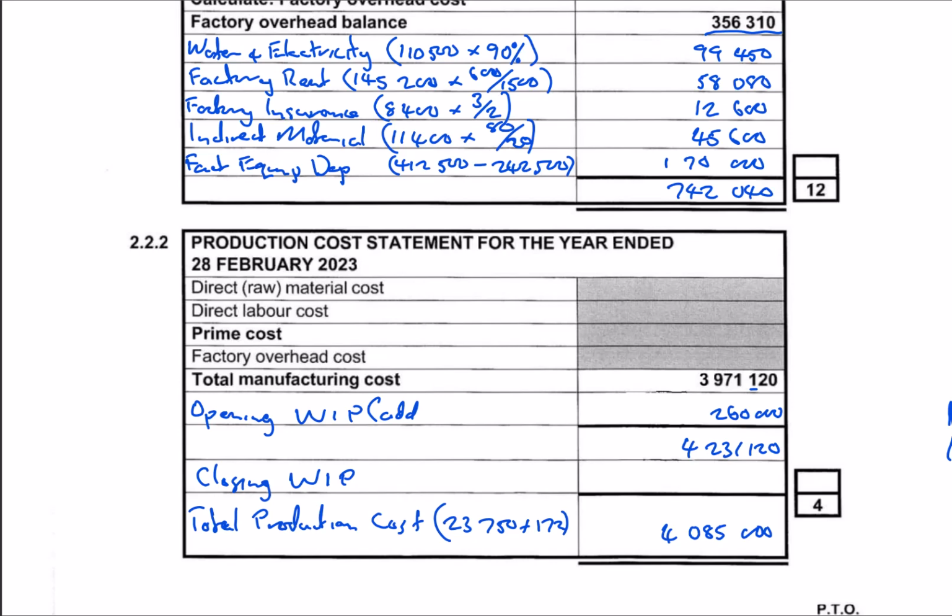Right, so if you subtract this value after adding your production cost, you get your closing work in progress. Right, so that will be minus 4,231,120. So that will be 146,120.